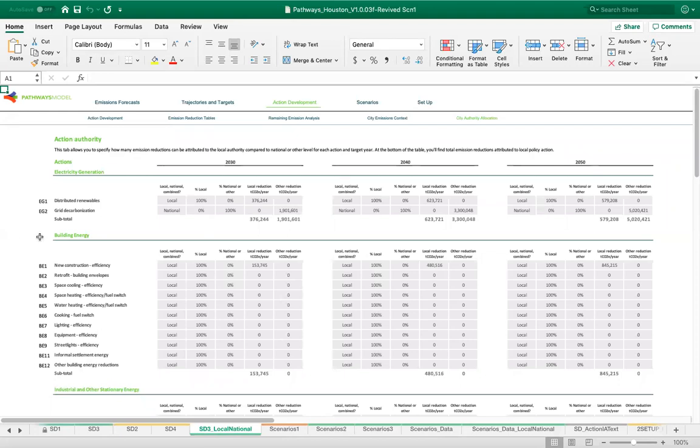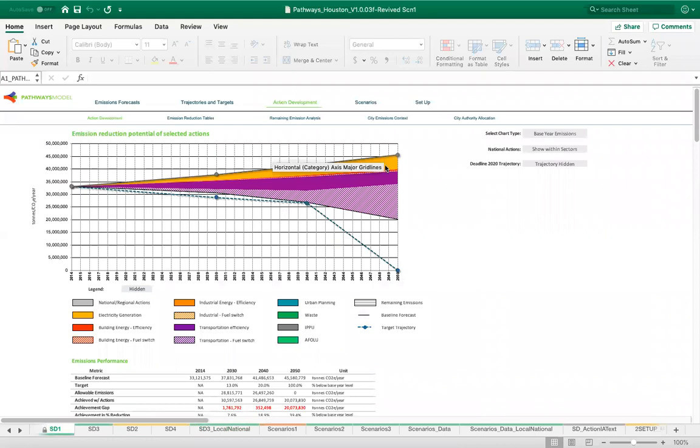So you can have some level of split responsibility. And what this allows us to do is really look at, when we see that overall wedge diagram, what portion of this figure here is attributable to the local government, and what portion is attributable to other levels of government.